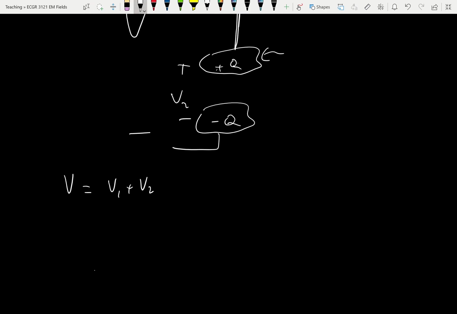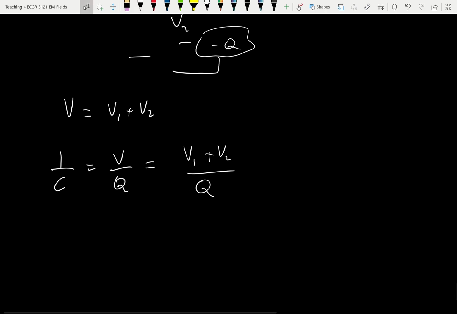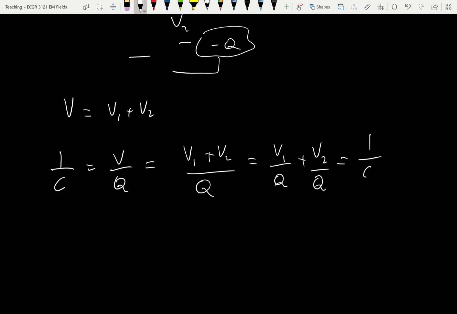And then we know that the inverse of the total capacitance is going to be V over Q, right? I want to put V in the numerator. That's why I did the inverse of the capacitance. So that gives me V1 plus V2 over Q, which is V1 over Q plus V2 over Q, equals 1 over C1 plus 1 over C2.